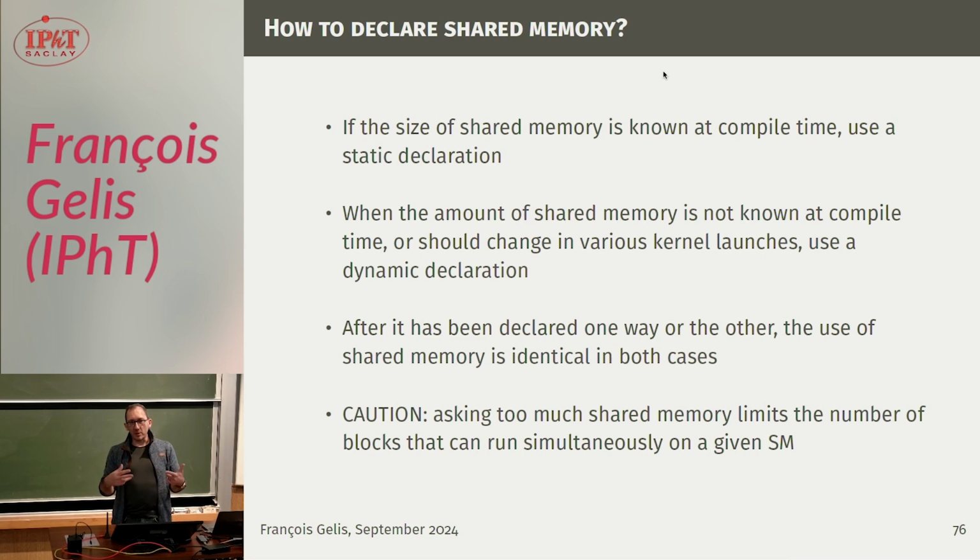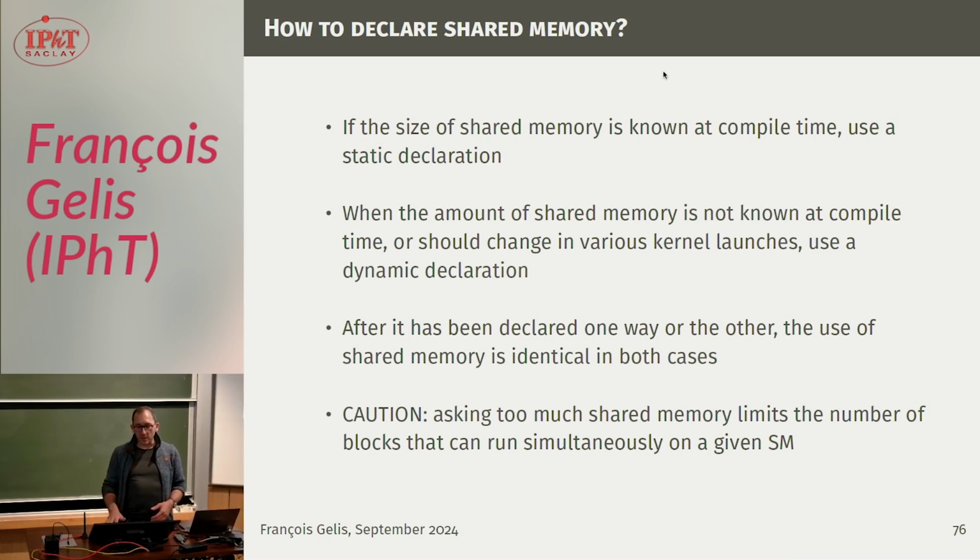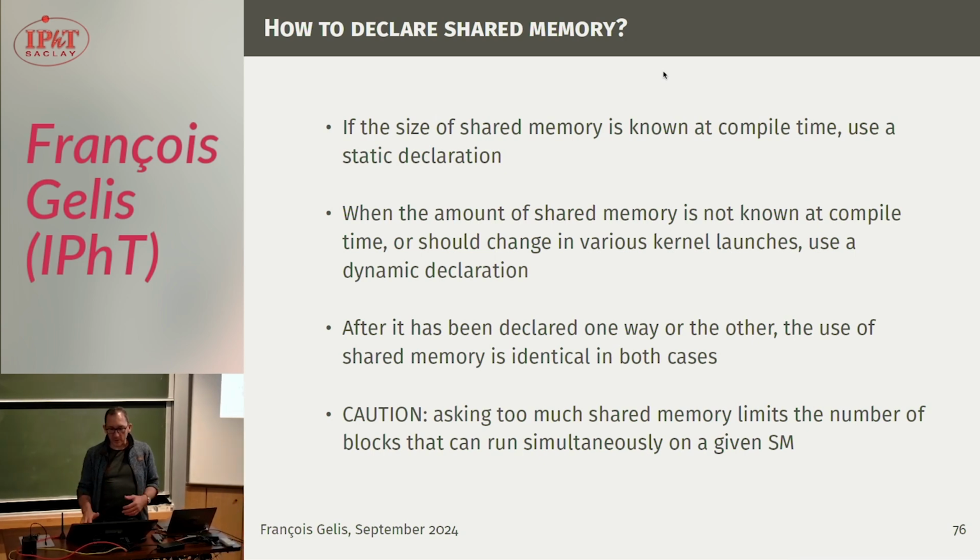The GPU will not be able to run more than one block of threads because it won't have enough shared memory for having two blocks simultaneously. So it's always good to just ask the amount of shared memory which is absolutely necessary for your program, but not more than that. Otherwise, you limit artificially how many blocks of threads can run.